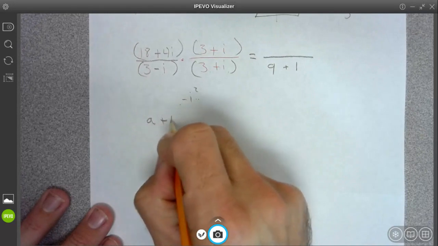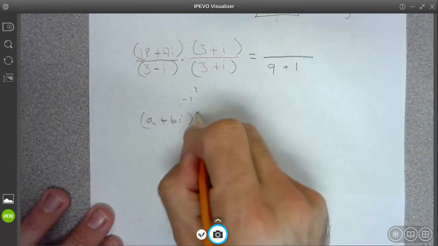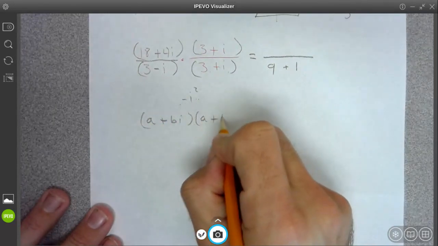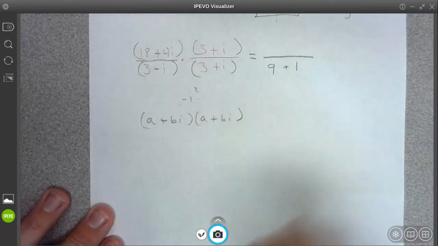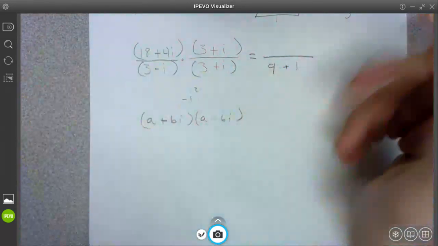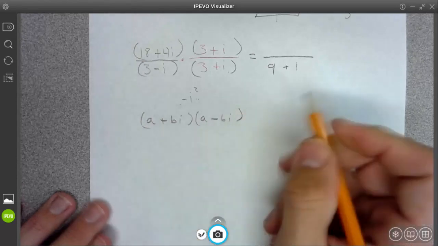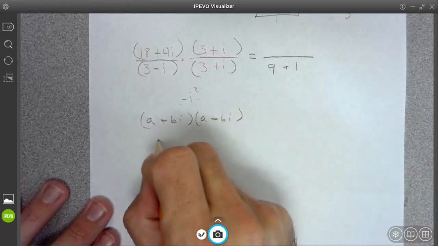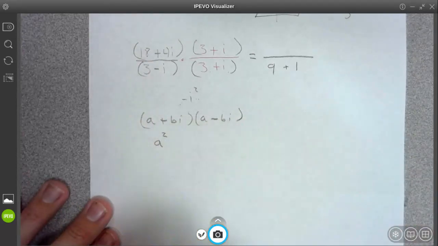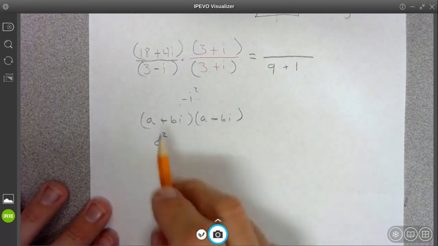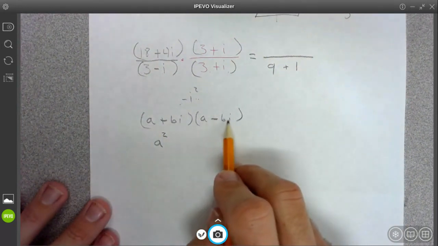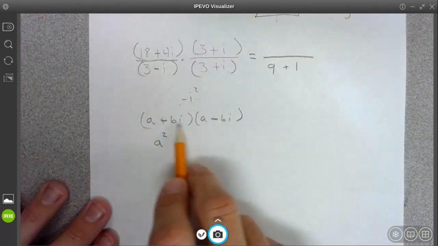Now let me look at the little formula for what happens. If you're doing a complex number times its conjugate, this is a difference of squares. So the middle terms are definitely going to cancel. You get a squared, the a times negative bi and the a times positive bi cancel.